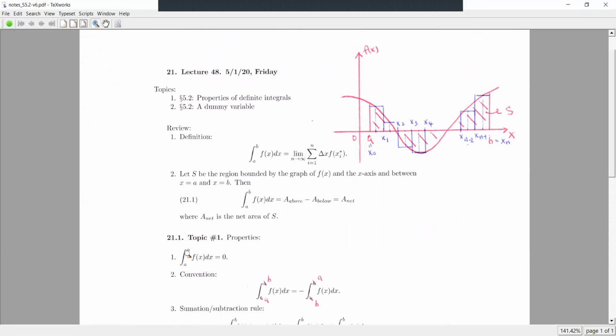When the lower limit and upper limit are the same point, in this diagram when A and B are the same point, the region S will degenerate into a line. A line has no area, and an integral is net area. So the integral from A to A is 0. It is the net area of a line. It is 0.